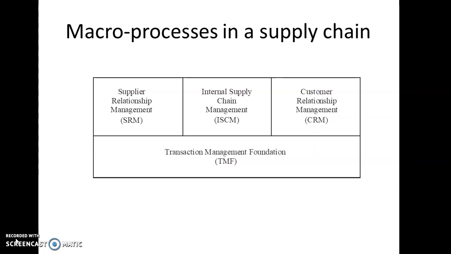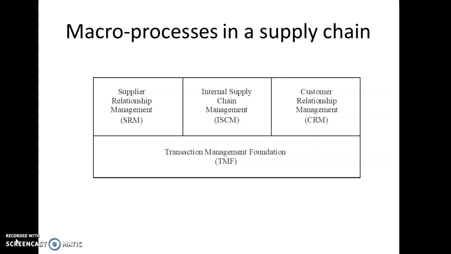From the diagram, we could also understand the macro processes: CRM, Customer Relationship Management; ISCM, Internal Supply Chain Management; and SRM, Supplier Relationship Management. All these macro processes work based on the TMF.